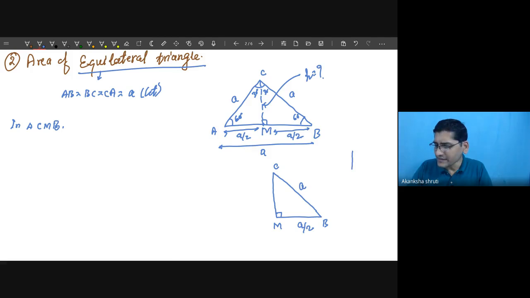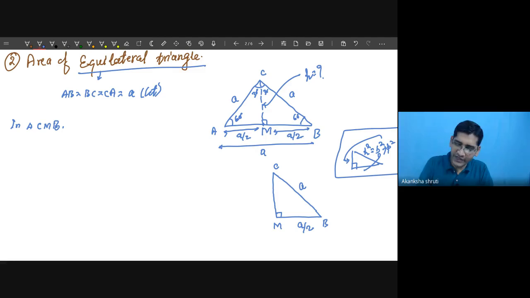And we know that in a right angle triangle, the hypotenuse square is equal to the base square plus the perpendicular square. This is the formula. This is called the Pythagoras theorem.